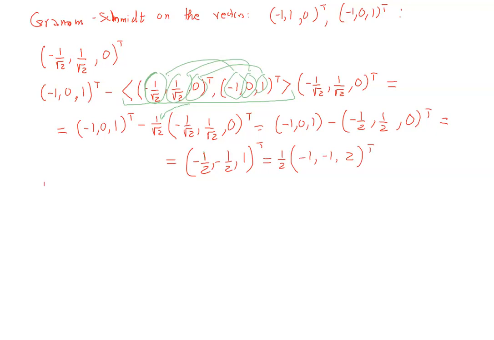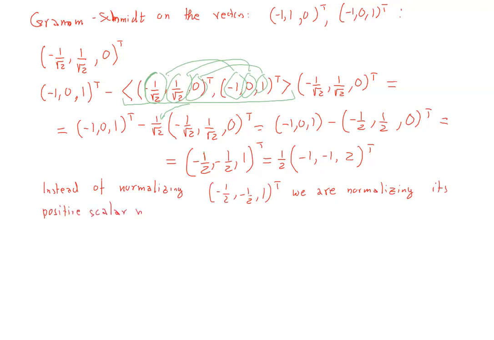So instead of normalizing -1/2, -1/2, 1, we are normalizing its positive scalar multiple, -1, -1, 2.